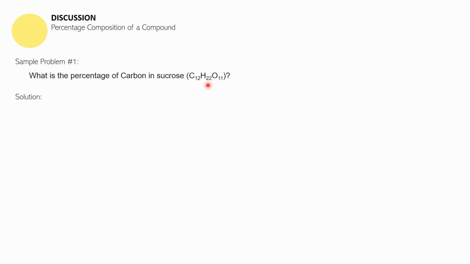Since we know maliit ang hydrogen, like siguro mga 1 gram per mole lang yan, and then you have here 22 atoms of it, will that be bigger than 11 oxygens? And will that be bigger than 12 carbons? That is our question. If this is your mixture, C12H22O11, ilan porsyento dyan yung carbon?